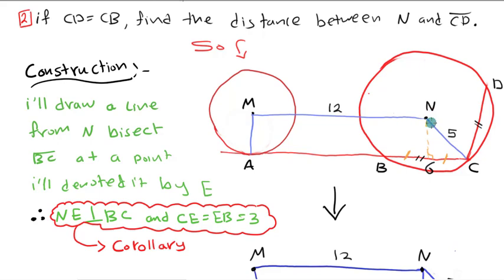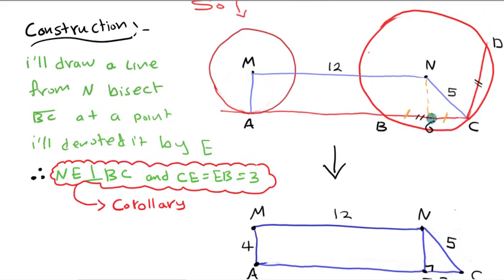I will draw a perpendicular passing through N that divides the chord BC into two equal small line segments. I will draw such a projection from N passing through the chord BC, bisecting it into two parts, and I will denote the intersection point by E.